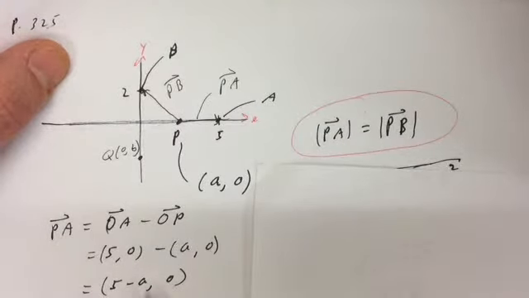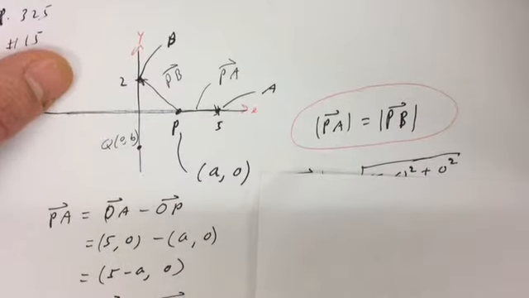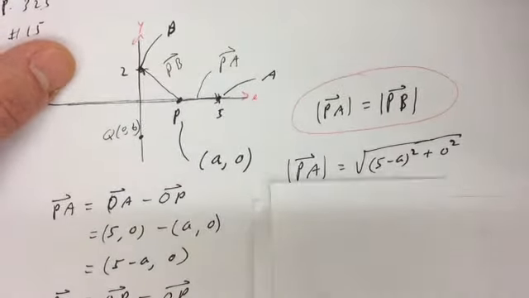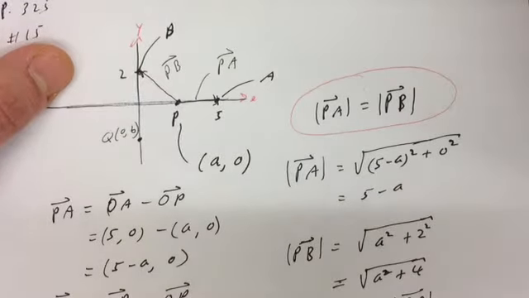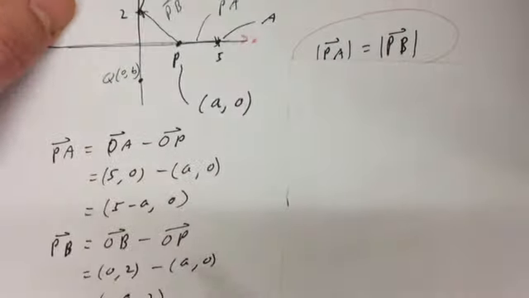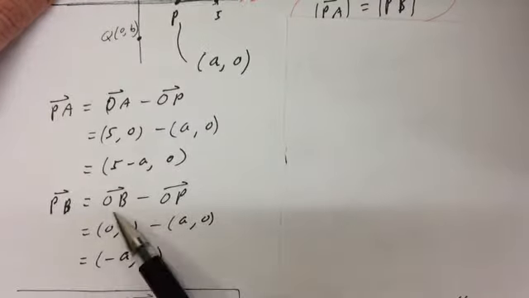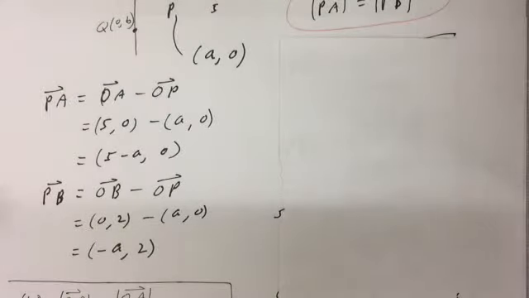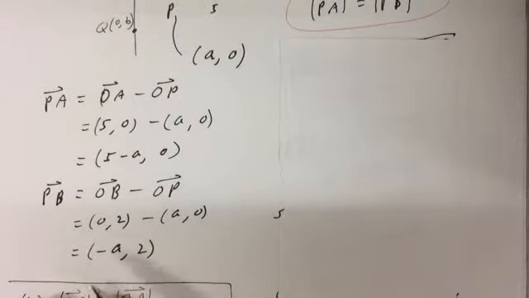So that's the vector PA. We don't know what the little a is yet. Vector PB is OB minus OP. Plug it all in, and you get (negative a, 2). So PB then equals (negative a, 2).